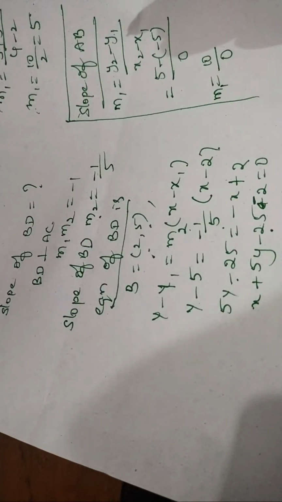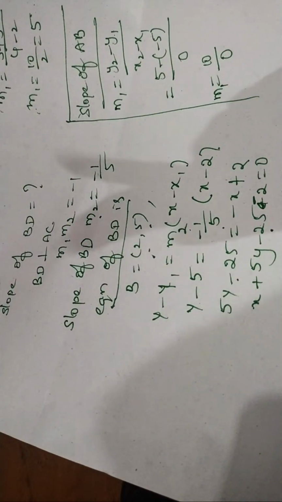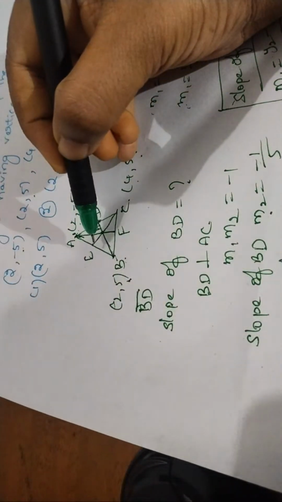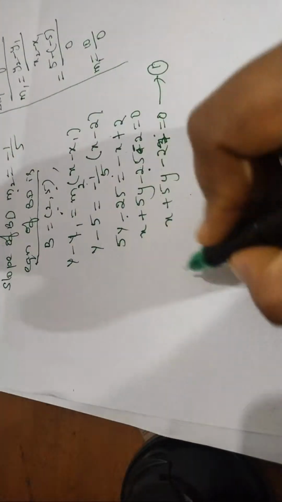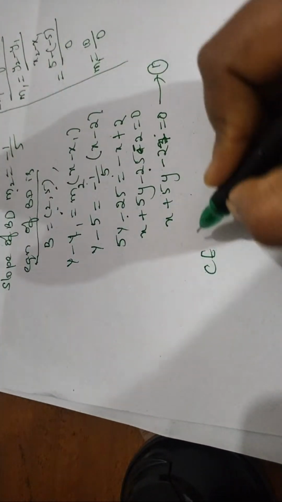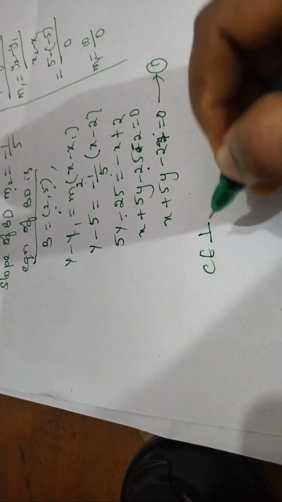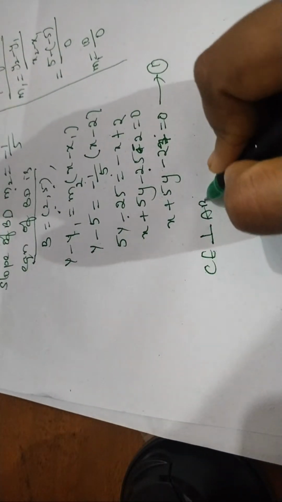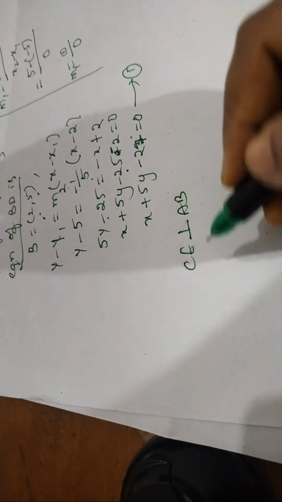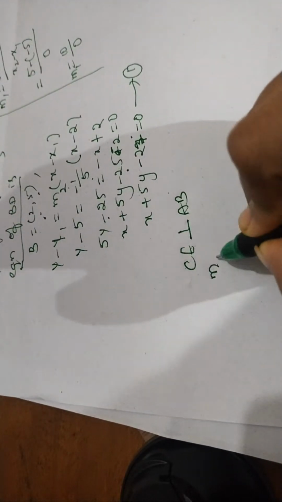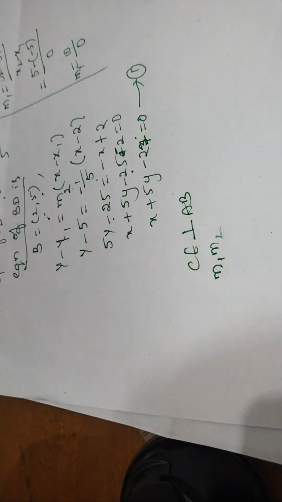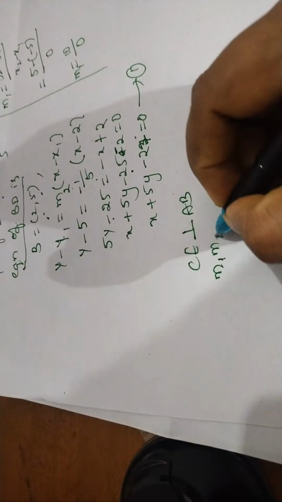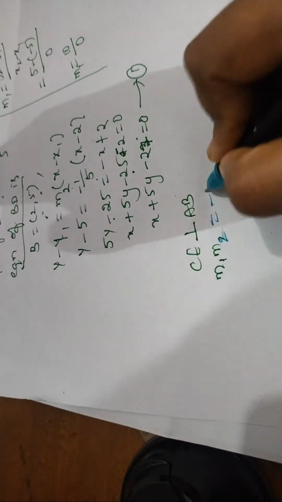Now I want to find the slope of, what is this slope? The perpendicular slope. The slope of CE I want. So right here, CE is perpendicular to AB. What is the condition for slopes? When it is perpendicular, m1 into m2 is equal to minus 1.